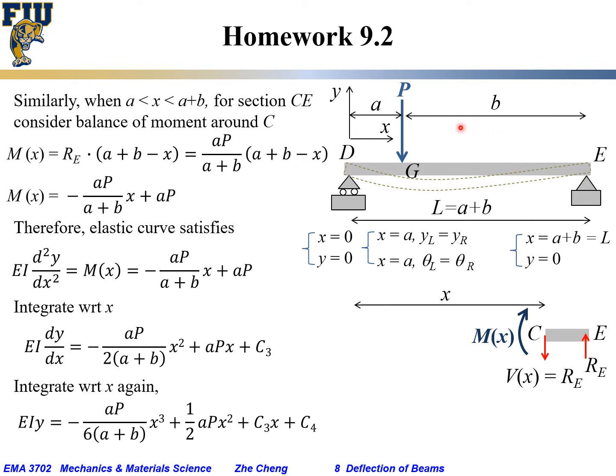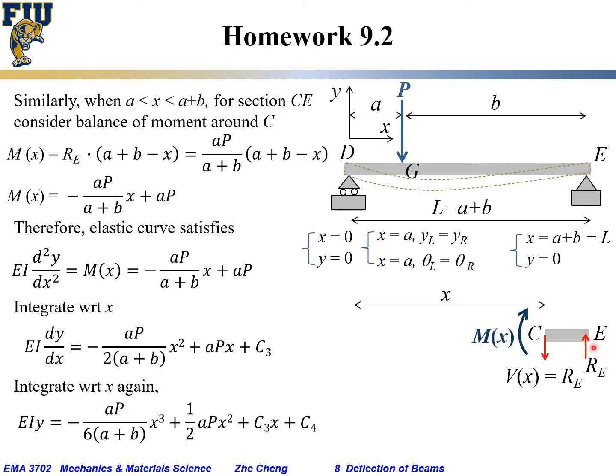Similarly, when we consider the right side, when x is greater than a but smaller than a plus b, from G to E, somewhere from here to here. Now we consider the balance of moment around the C. Again, of course, we can take this section CE.